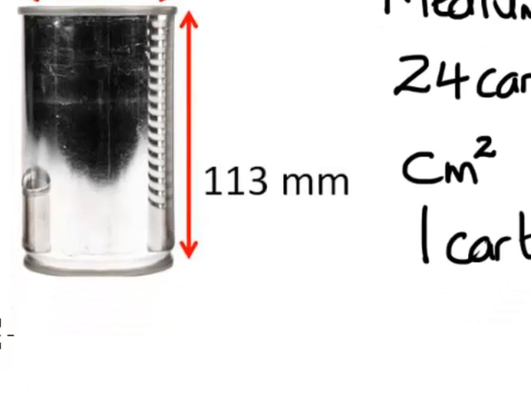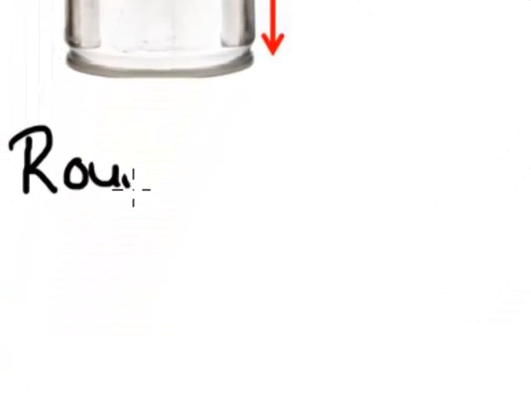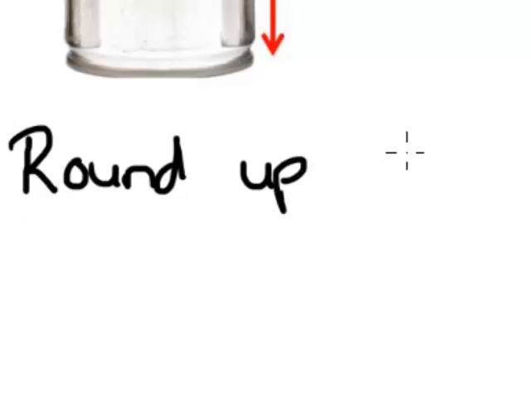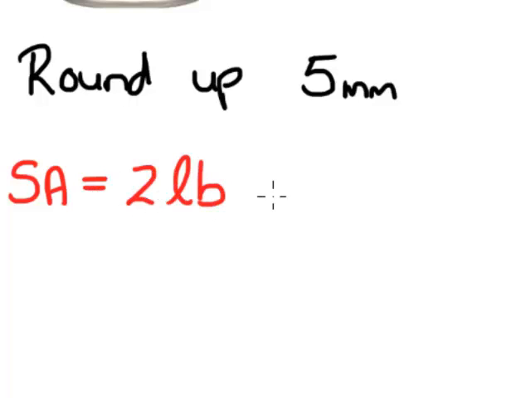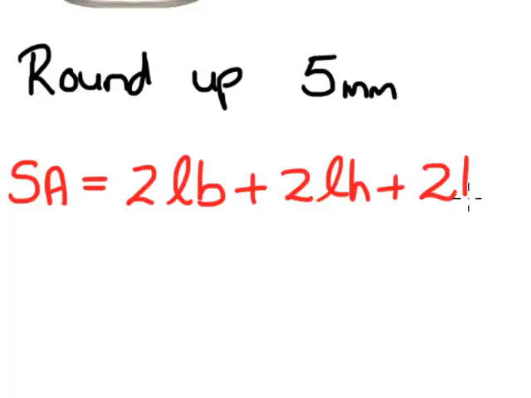Okay, what we're going to do is round the dimensions up to the nearest 5 millimeters before calculating the actual surface area of the cardboard that we need. Now we get given the formula for that. Our surface area formula is twice length times breadth plus twice length times height plus twice breadth times height. So we're going to use this and substitute all our values in.